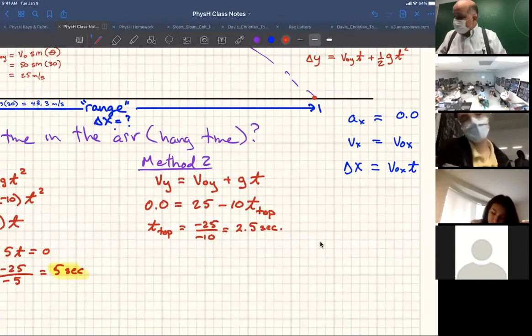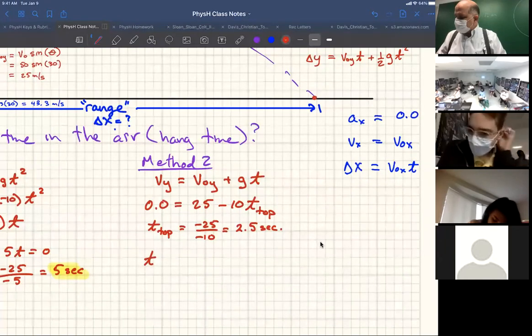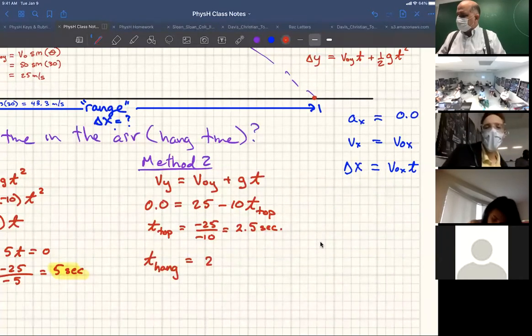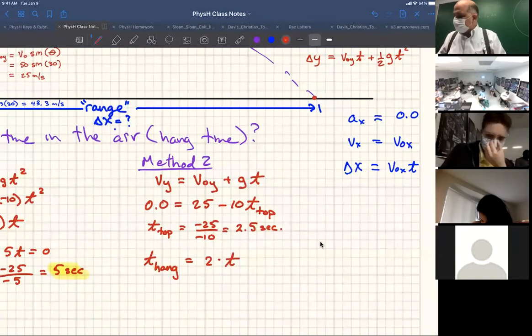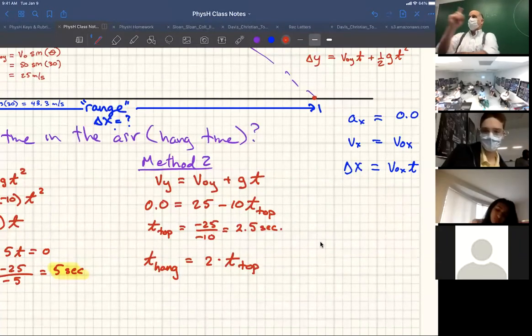So to get the hang time, and this is an equation that you can use, it's 2 times t to the top, but there's an important if there. What has to be true in order for this relationship to be true?